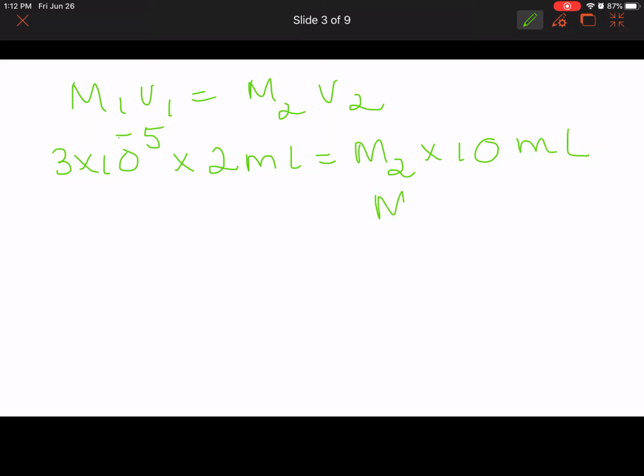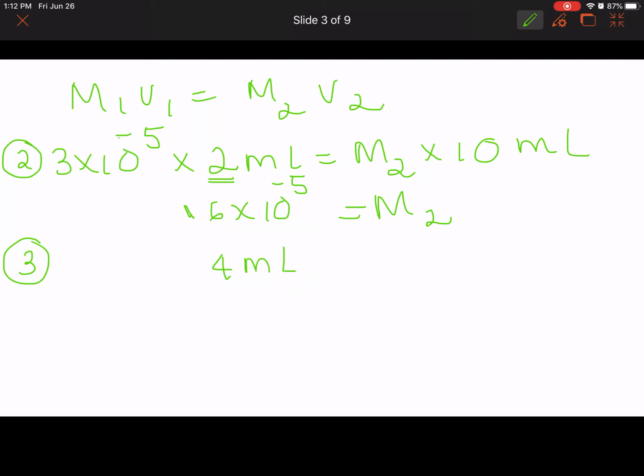So then the M2 is going to be 3 times 2, 6, 6 over 10, 0.6. So that is 0.6 into 10 to the negative 5 molar. That is the concentration of the second solution, to which we added 2 milliliters of Allura red. Likewise for the third one, instead of 2, you use 4 milliliters.